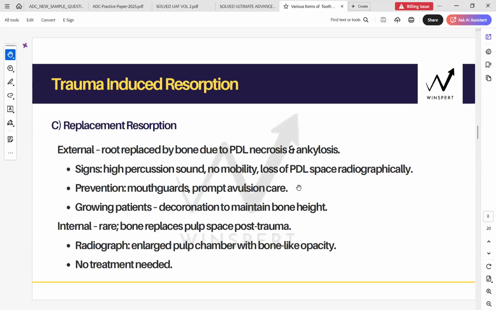Okay. In certain developing dentitions, in mixed dentitions, when the child is in the early adolescent age, sometimes when you have reimplanted a tooth in a developing dentition and it becomes ankylosed, it can lead to lack of bone growth. To prevent that, decoronation is done, right?